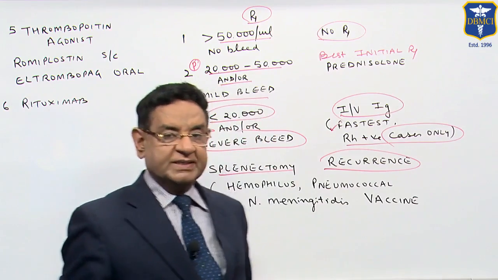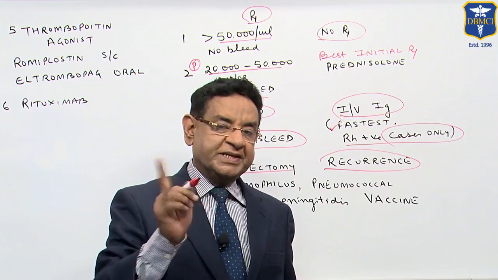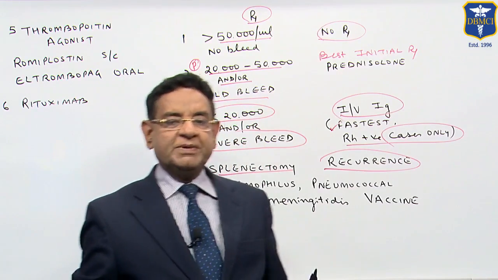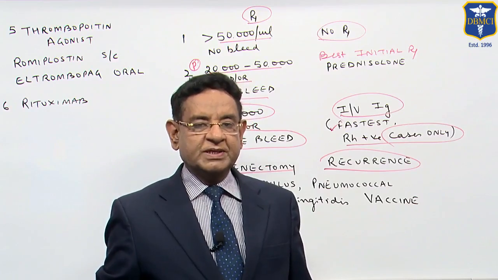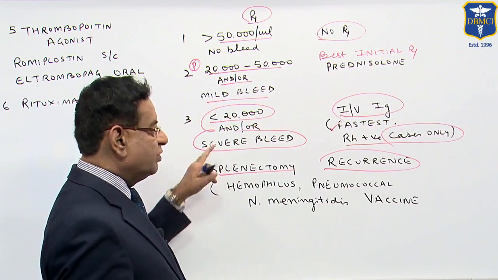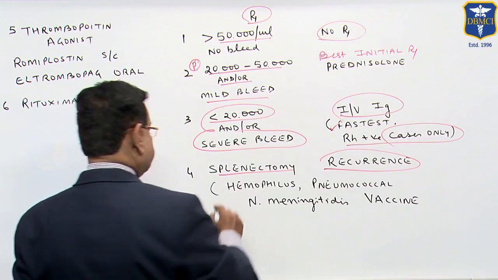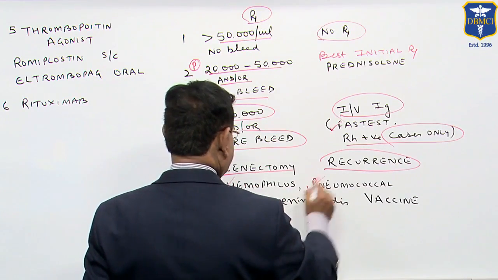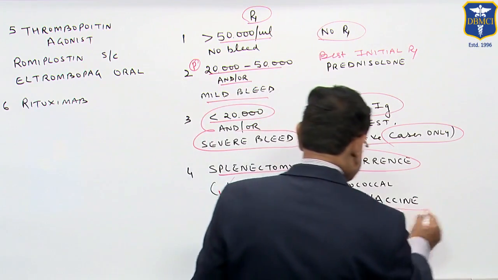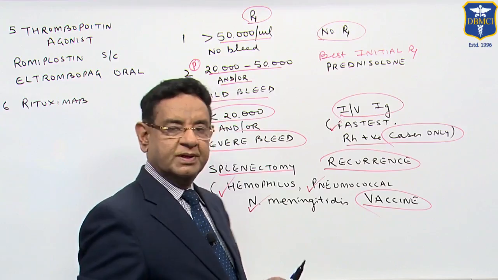But remember, splenectomy is never the initial choice, because splenectomy itself creates a lot of problems. These patients are prone to sepsis. That's why before you do splenectomy, Haemophilus, pneumococcus and Neisseria meningitidis vaccines must be given.